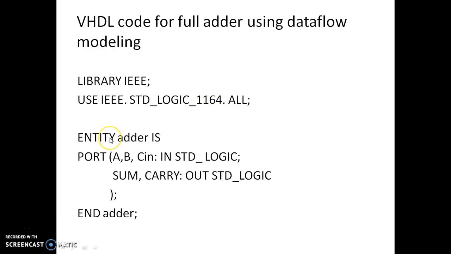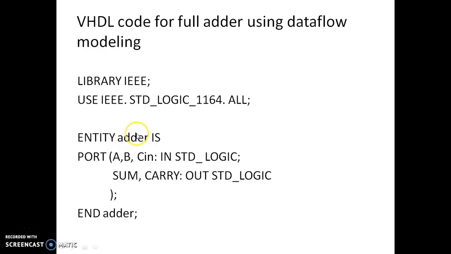Next is entity. Entity is for describing the input and output ports of the digital circuit. So the full adder has 3 inputs and 2 outputs. Here in the entity we have described the 3 inputs and 2 outputs of the full adder. For writing an entity, first we have to write the keyword entity. Next is the entity name.